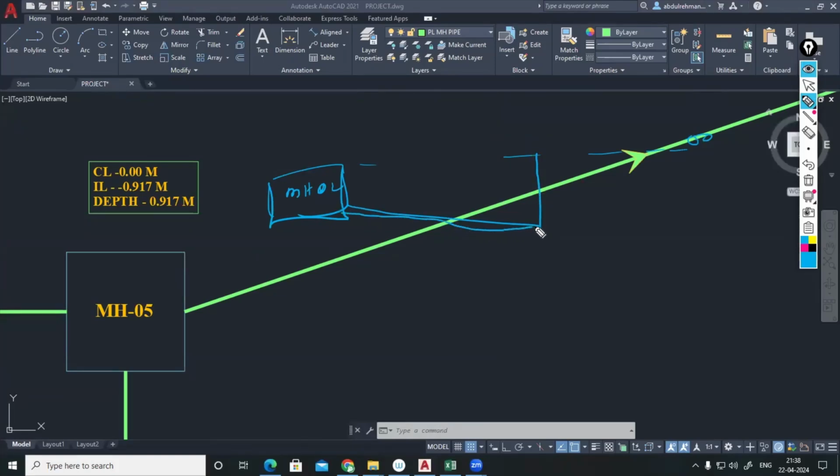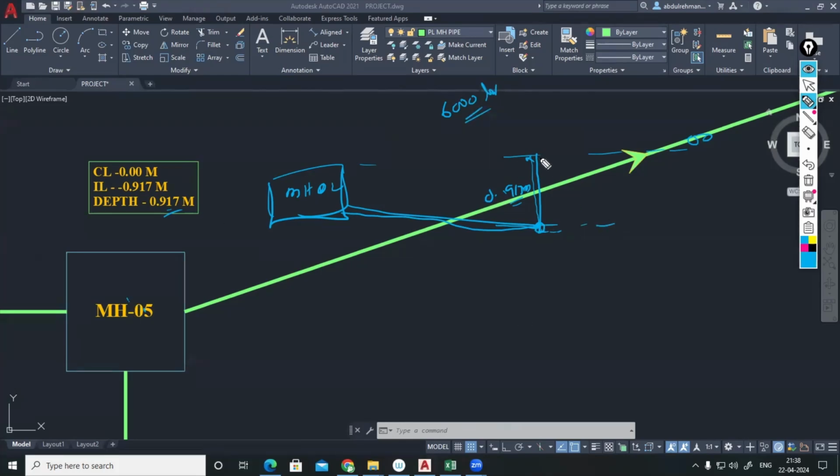Invert level of pipe with respect to the cover level is how much? 0.917 meter. But here only the water will be reaching, no? But we have to store nearly 6,000 liter. Let's say if it is a residential building, nearly 6,000 liter we have to store there.